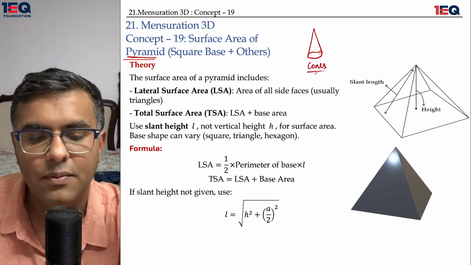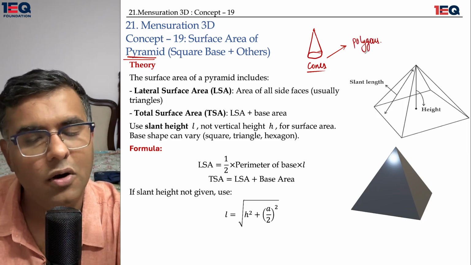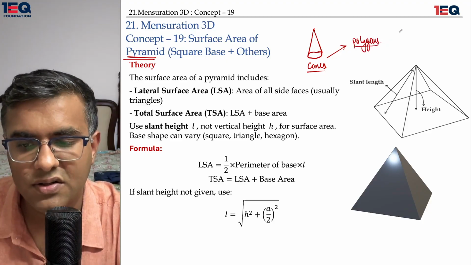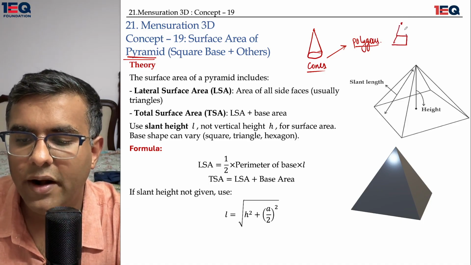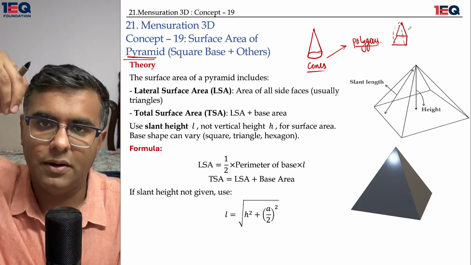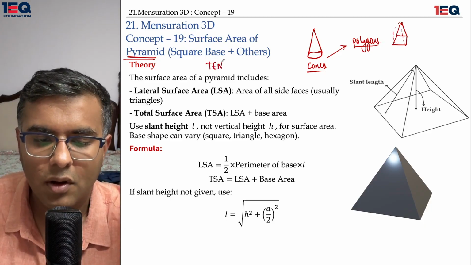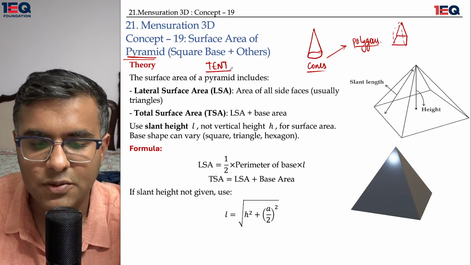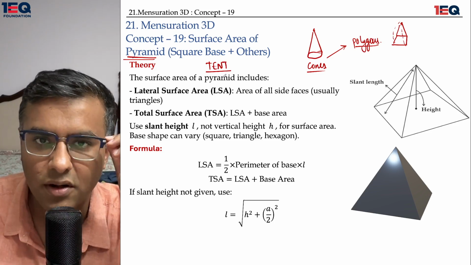The only difference is that in most of the pyramids we have polygons and not circles. The sides from the base come and meet at a point. Okay, the straight lines which start from the base come to the top and meet at a point. So usually all the shapes which form a tent-like situation fall under pyramids. Okay, they fall under pyramids.